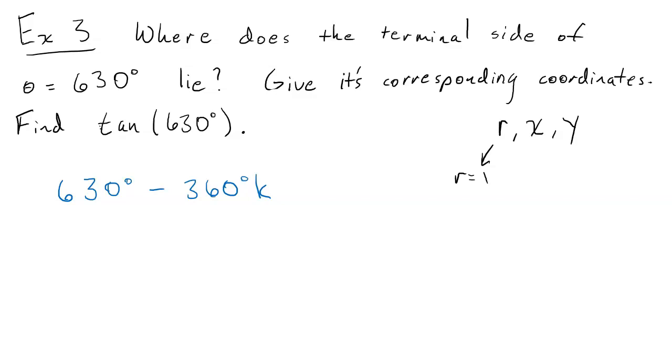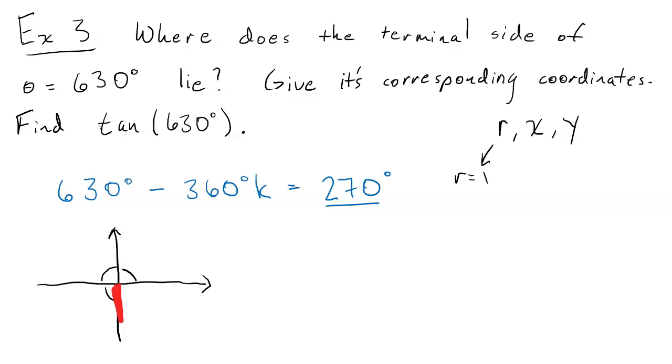And this k is just going to be 1, because when we take 630 degrees minus 360, we get 270 degrees. So where is this on our xy plane? We start with our positive x-axis, and we add 90 degrees. So this is our 90 on the positive y, 180 is our negative x, and 270 is going to be our negative y. So here it is.